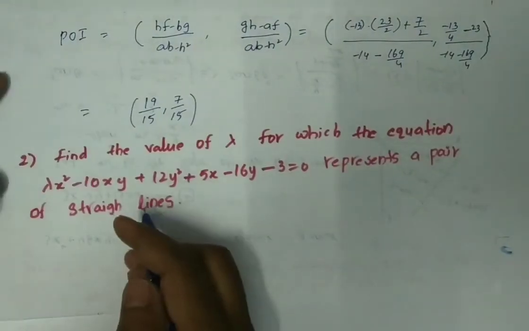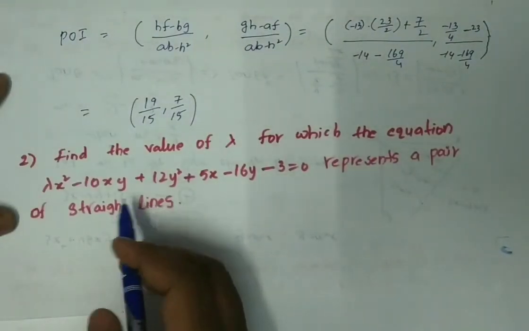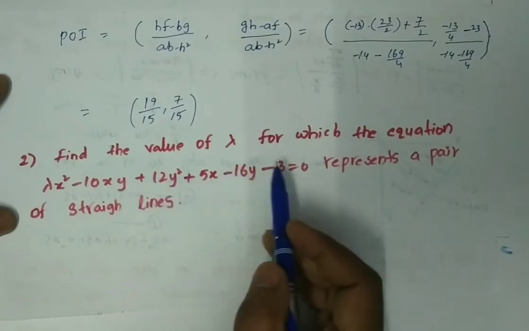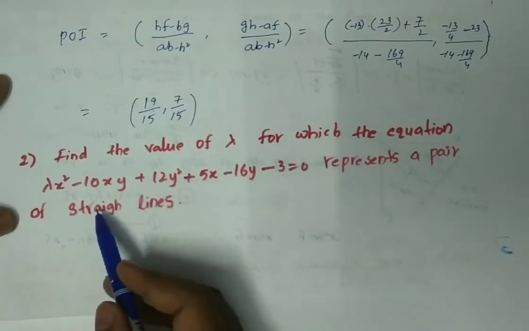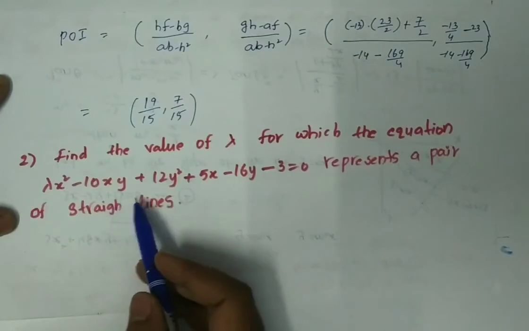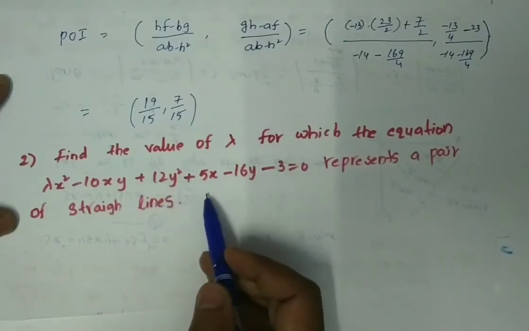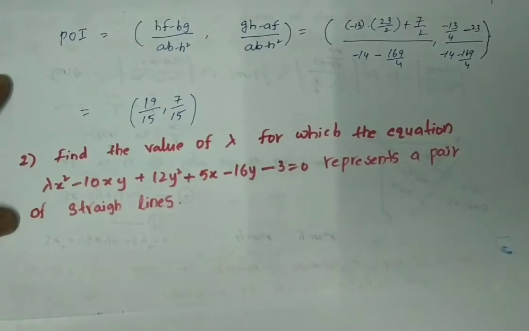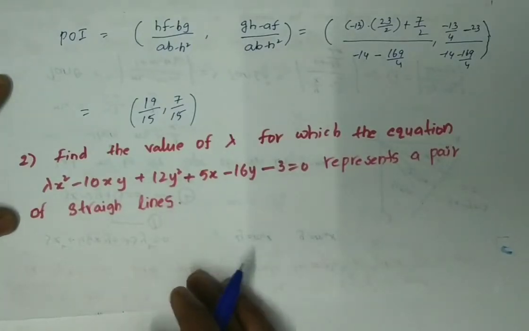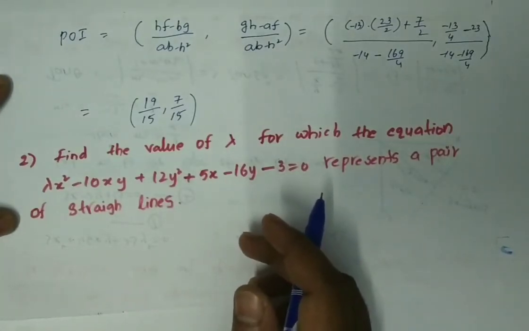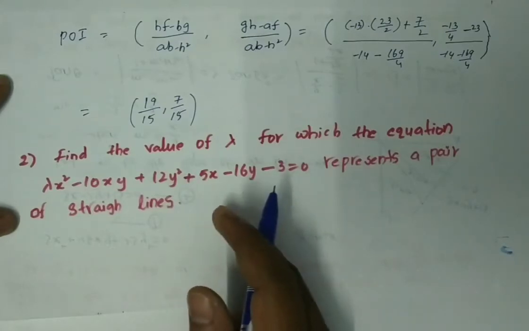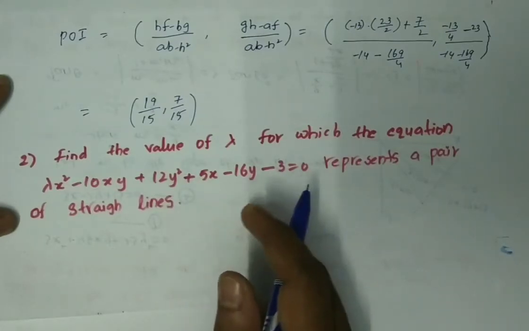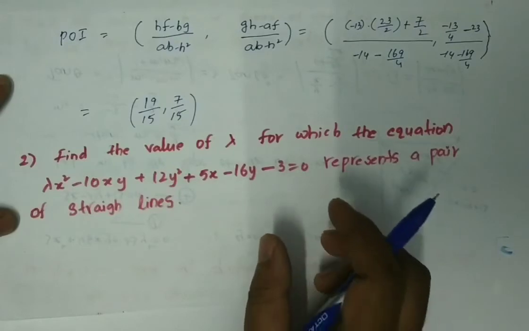Next, let us see the second problem. Find the value of lambda for which the equation lambda x square minus 10xy plus 12y square plus 5x minus 16y minus 3 is equal to 0 represents a pair of straight lines. So now we want to find the value of lambda for which the equation S = 0 represents a pair of straight lines.